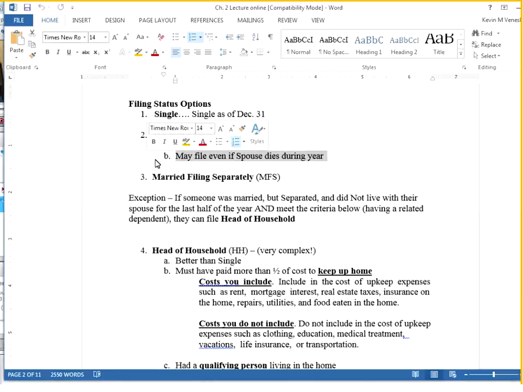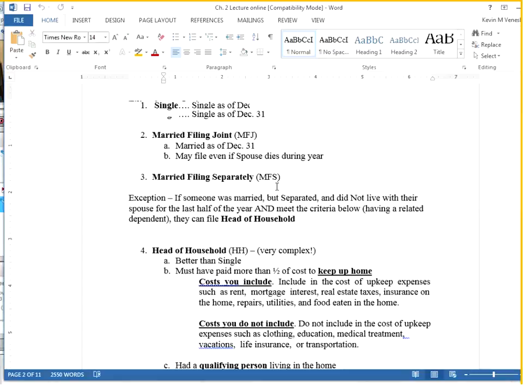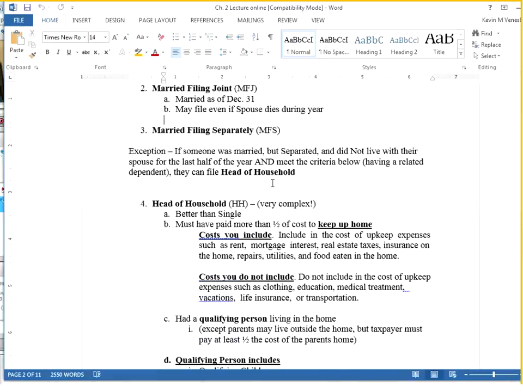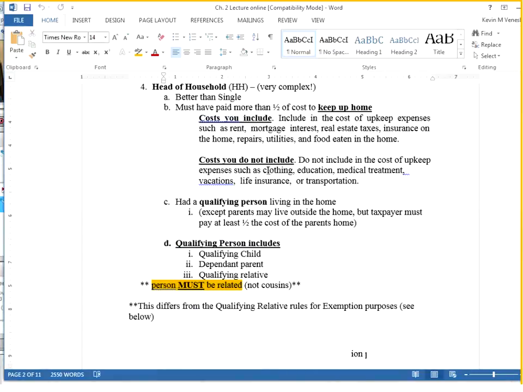Even if your spouse dies, say in March, you are considered married for that entire tax year. The following year, you would be considered single, or if you get remarried, you'd be married again, or potentially a qualified surviving spouse if you have kids at home.